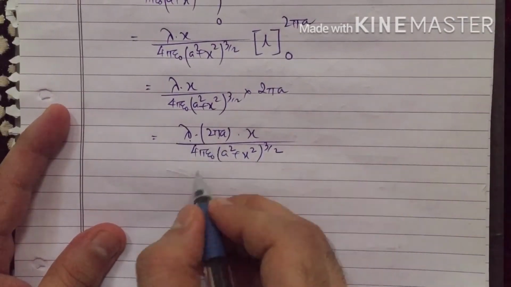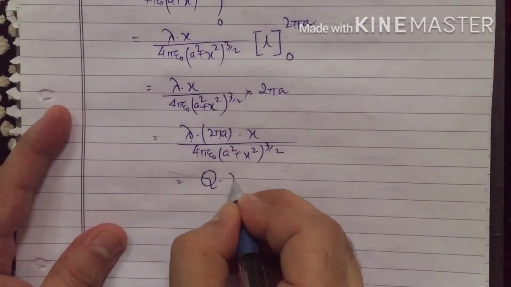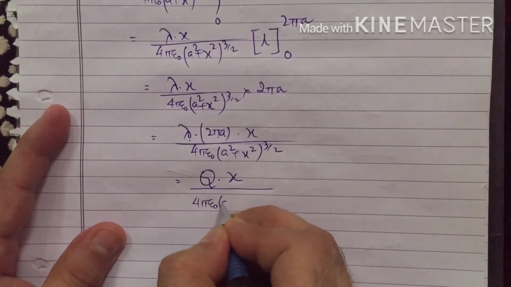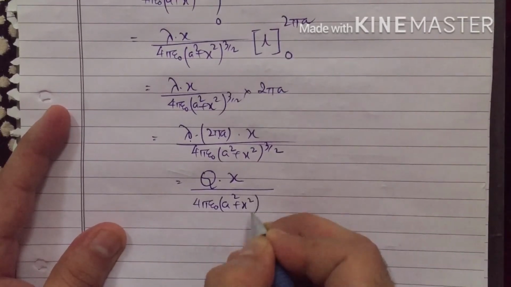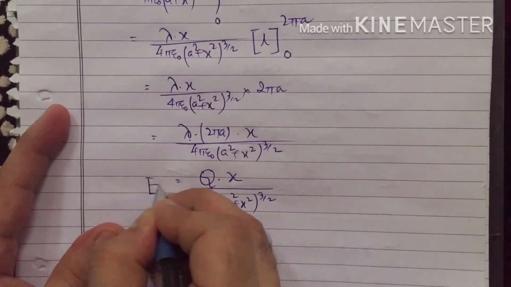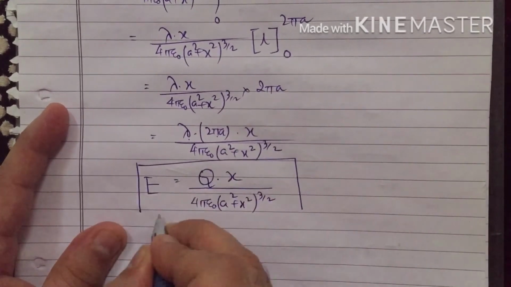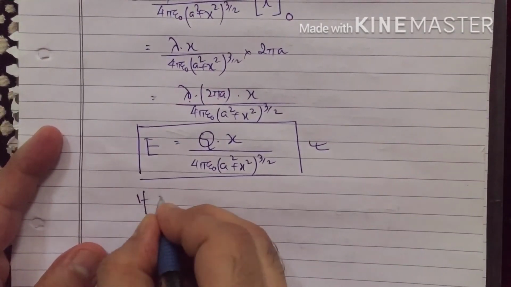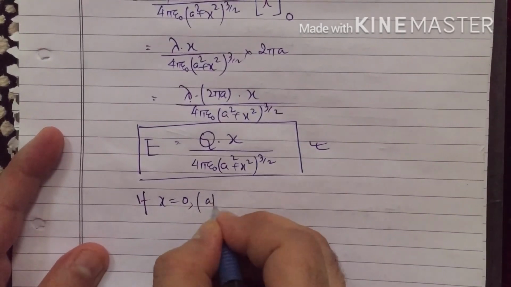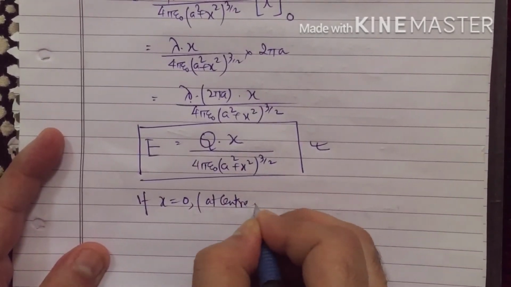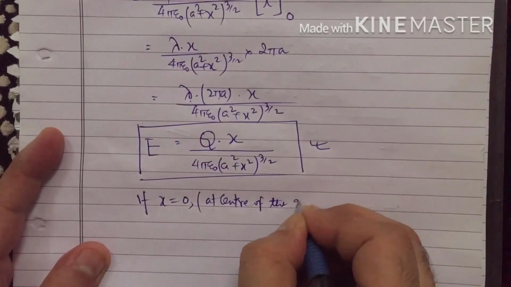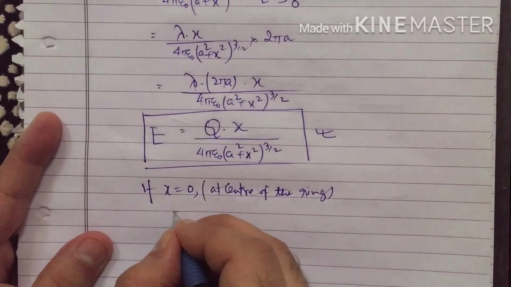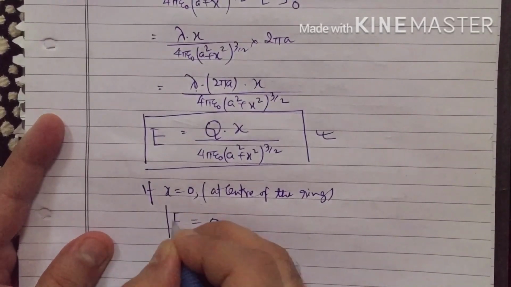Lambda into 2 pi a will give you the total charge q, so q into x whole divided by 4 pi epsilon naught a square plus x square to the power 3 by 2. This is the total electric field at a distance x from the center of the ring. If x is equal to 0, that is at the center of the ring, then the electric field becomes 0.